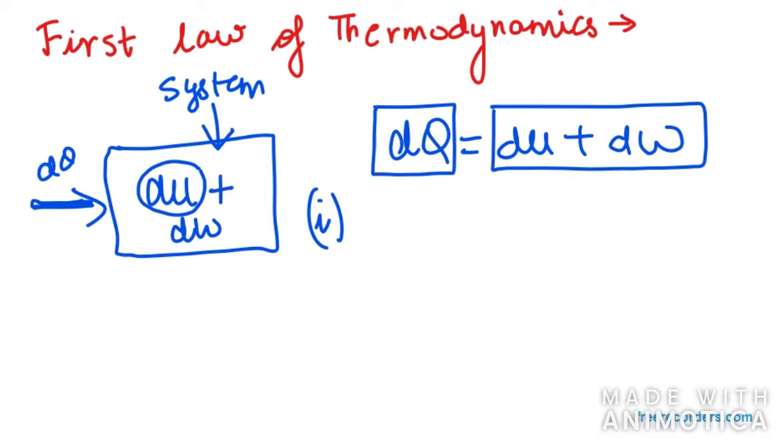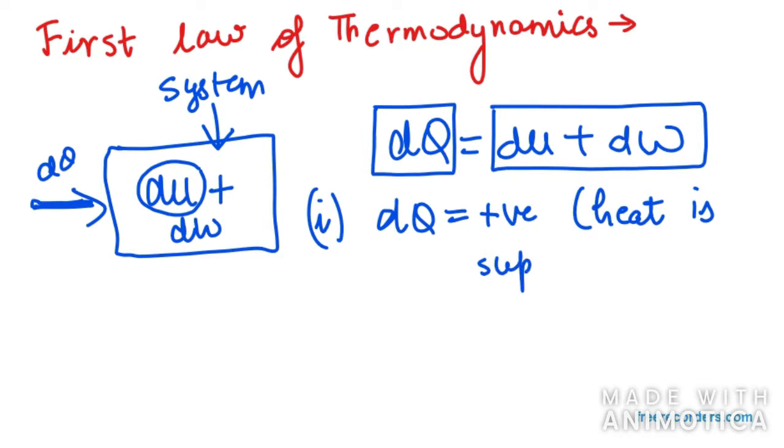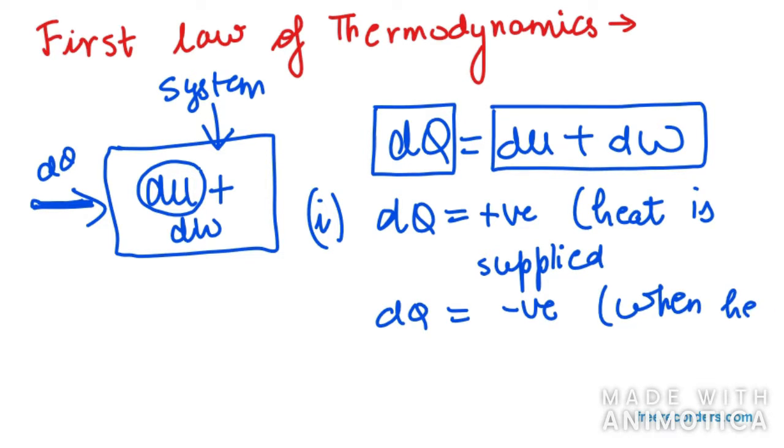Now we have some sign convention under this. The first one is dependent on the heat. If heat is supplied, then dq will be positive. dq will be negative when heat is drawn from the system.